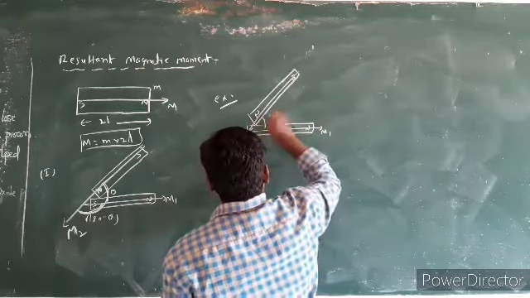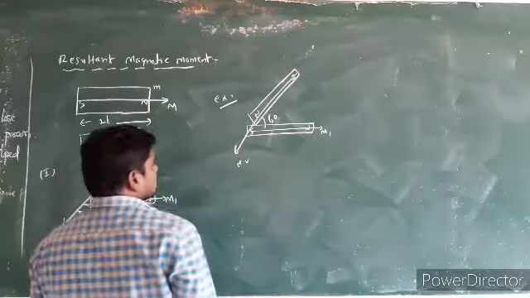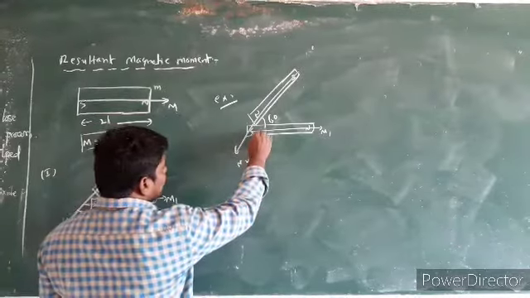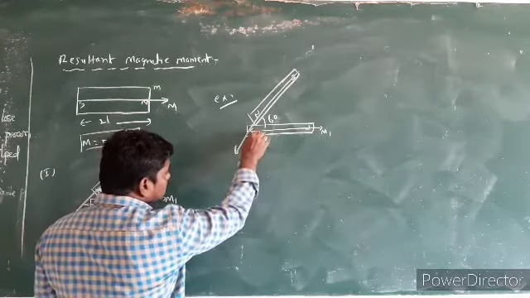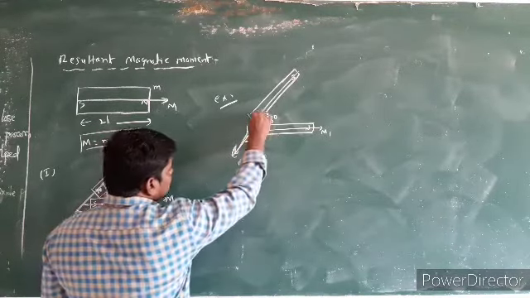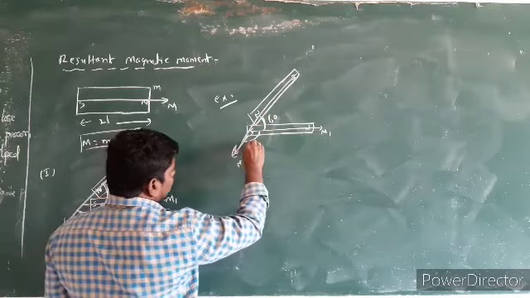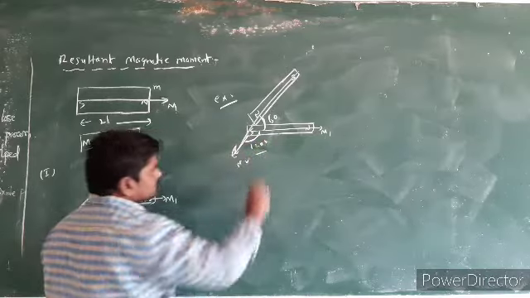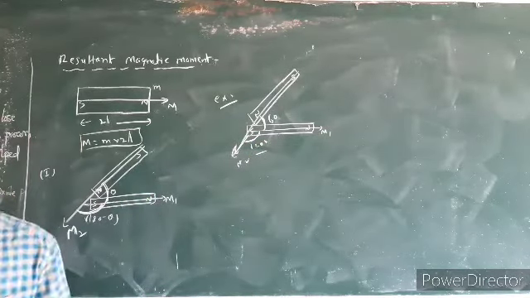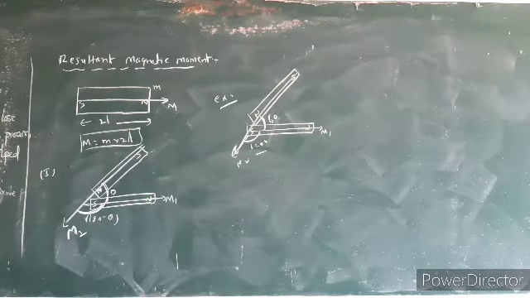Now, the angle between the axes of the two bar magnets is 60. Now, what is the angle between the magnetic moments of the two bar magnets? This is the angle between axes. The angle between the magnetic moments we have to take as 180 minus 60, which is 120. That is the angle between the magnetic moments.